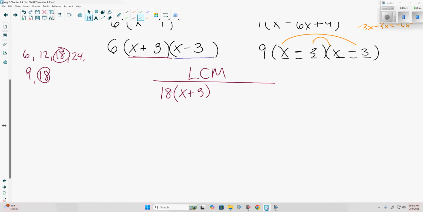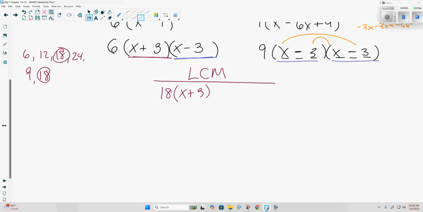Now let's look at x minus 3. For the one on the left here, x minus 3 shows up as a factor how many times? Once. Let's look at the other one. It shows up how many times over here? Twice. So which one has the most? The one on the right has 2.